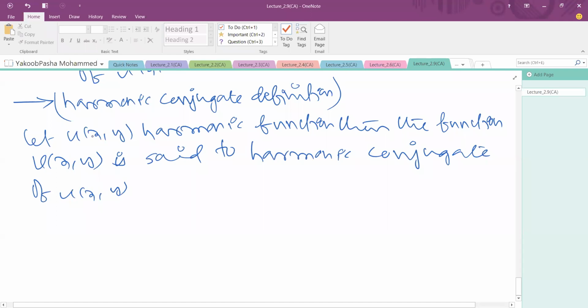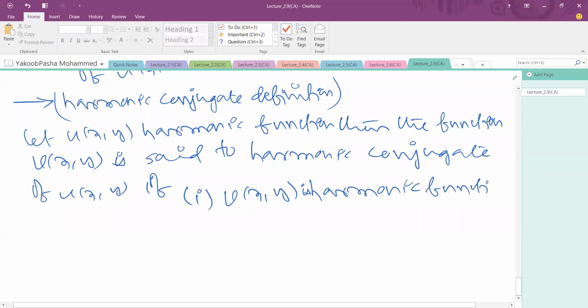For the function u of x comma y, v of x comma y is the harmonic conjugate if it satisfies two conditions. The first condition is that v of x comma y is itself a harmonic function. First of all, it should be a harmonic function, and there is a relation between v of x comma y and u of x comma y. That relation is the Cauchy-Riemann equations.